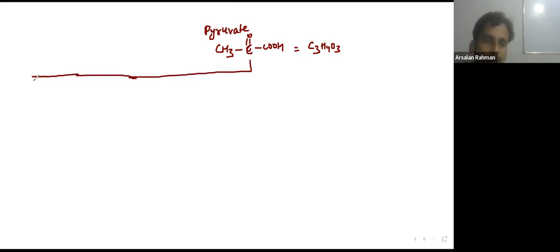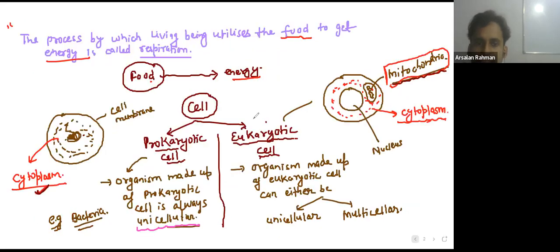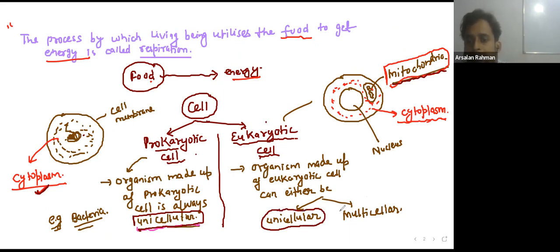First, most living organisms are made up of prokaryotic cells or eukaryotic cells. I have told you there are two types of cell, prokaryotic and eukaryotic. A prokaryotic cell will always form unicellular organisms, organisms made up of a single cell. And eukaryotic cells will form both unicellular organisms as well as multicellular organisms.